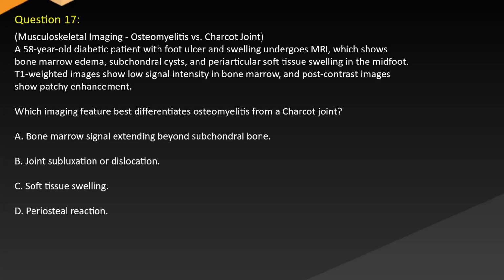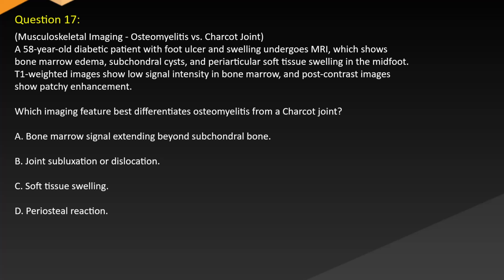Question 17. Musculoskeletal imaging. Osteomyelitis versus Charcot joint. A 58-year-old diabetic patient with foot ulcer and swelling undergoes MRI, which shows bone marrow edema, subchondral cysts, and periarticular soft tissue swelling in the midfoot. T1-weighted images show low signal intensity in bone marrow, and post-contrast images show patchy enhancement. Which imaging feature best differentiates osteomyelitis from a Charcot joint?